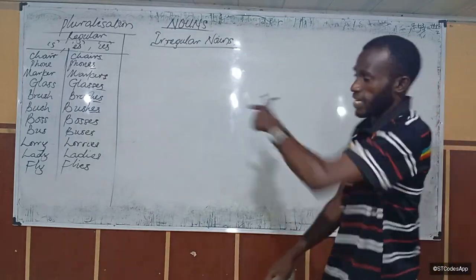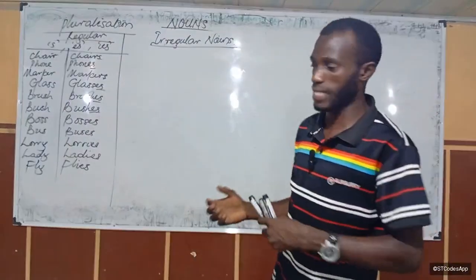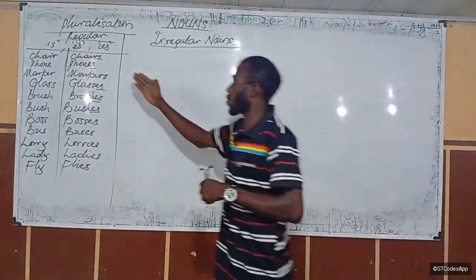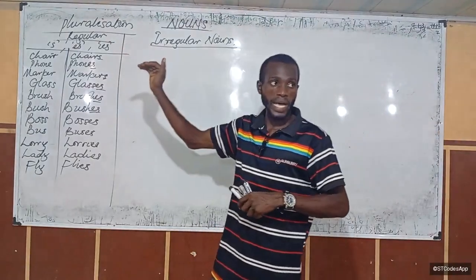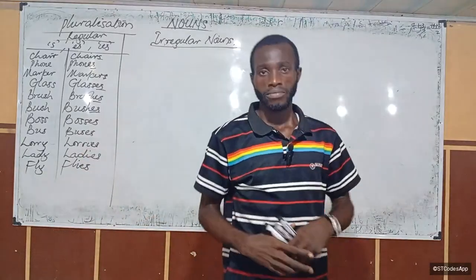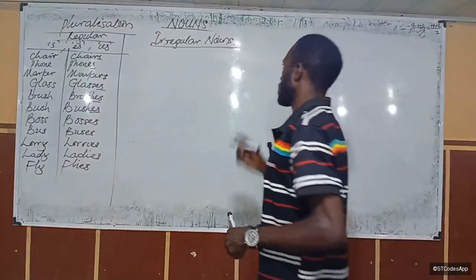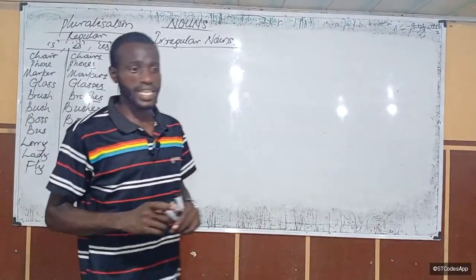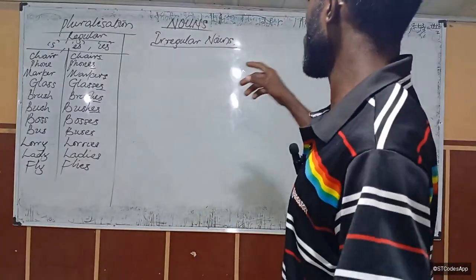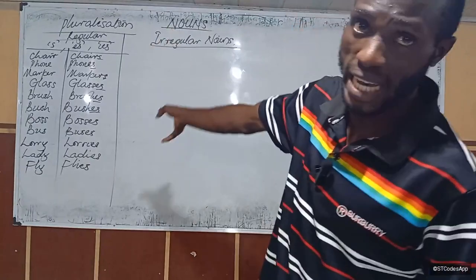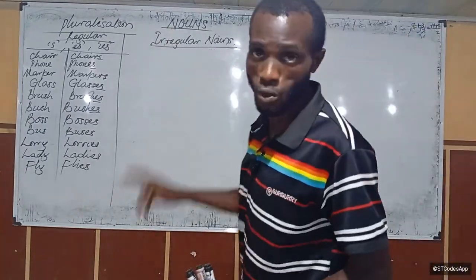These ones are called regular here because the way we make the plural forms is regular. We add s, we add es, we add ies. Is that okay? All right. But there are some words that do not work that way. Their forms change when we want to pluralize them. That's why we call them irregular.